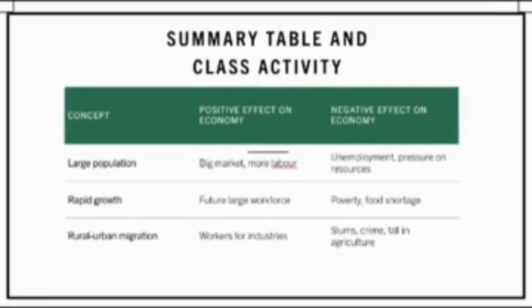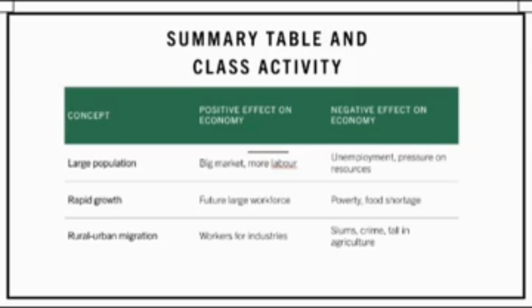In conclusion, the following table has actually helped us to summarize everything when we look at the concept of population from large to rapid growth, to the movement from rural areas to urban area.